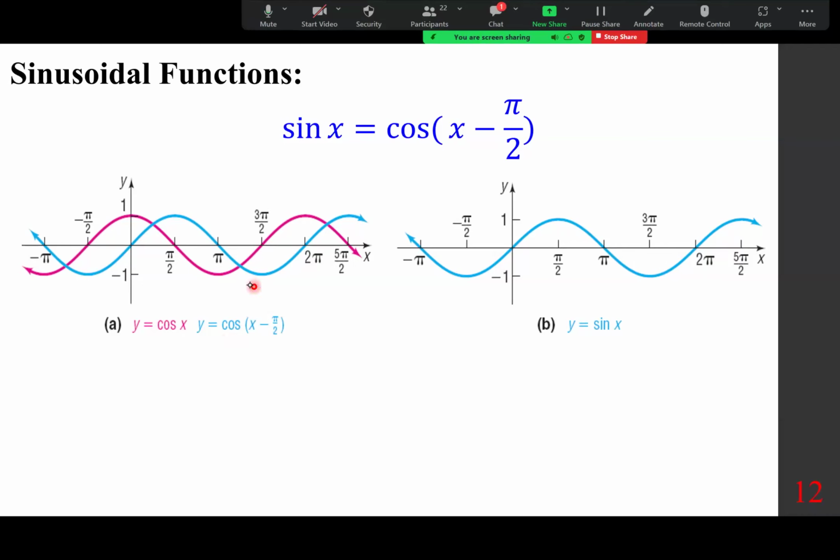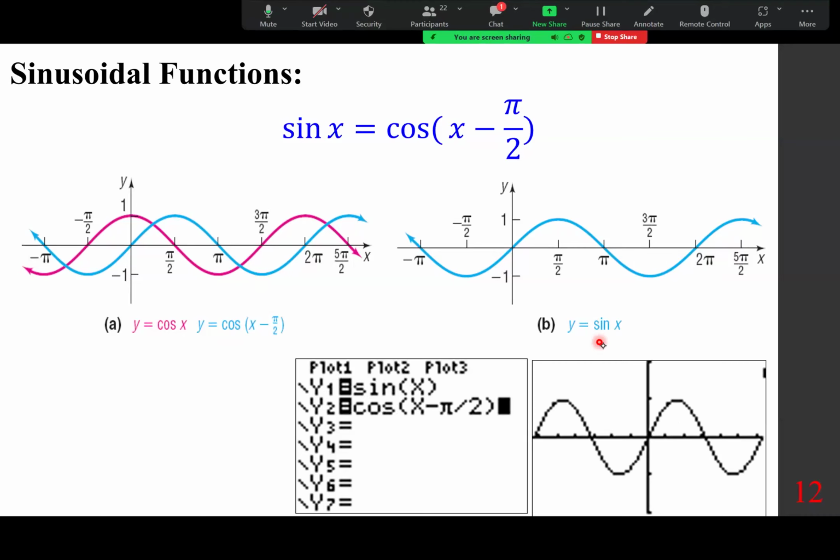So the blue one, you know it's the graph of sine x. Now, if you were to verify that with a graphing calculator, all you would have to do is y1 is sine x, y2 is cosine of x minus pi over 2, and what do you see? How many graphs? You see only one.